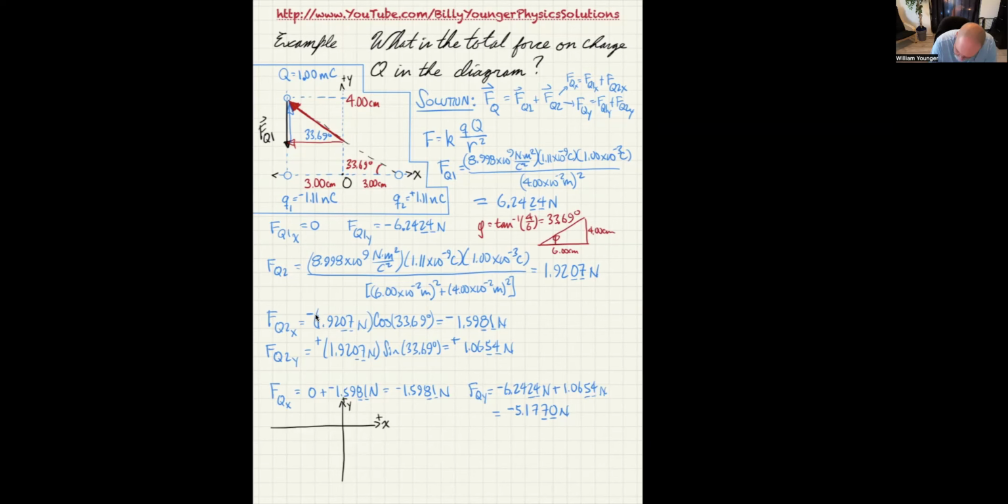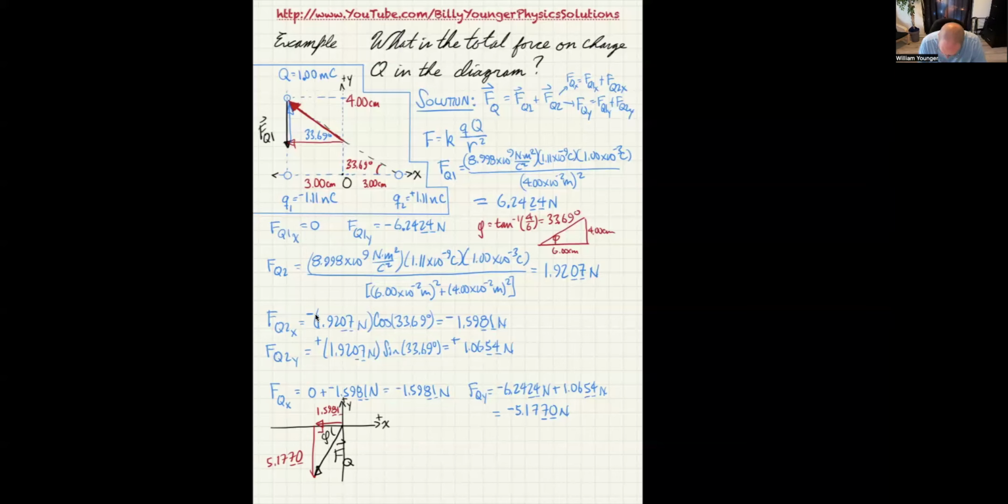So I'm going to draw that like this, and that's 1.5981 newtons. And then in addition to that, I have negative 5, which is quite a bit bigger than this one. This is going to be 5.1770 this way. And these two are, of course, at a right angle. And that means the net vector is this. So that's FQ, that vector right there.